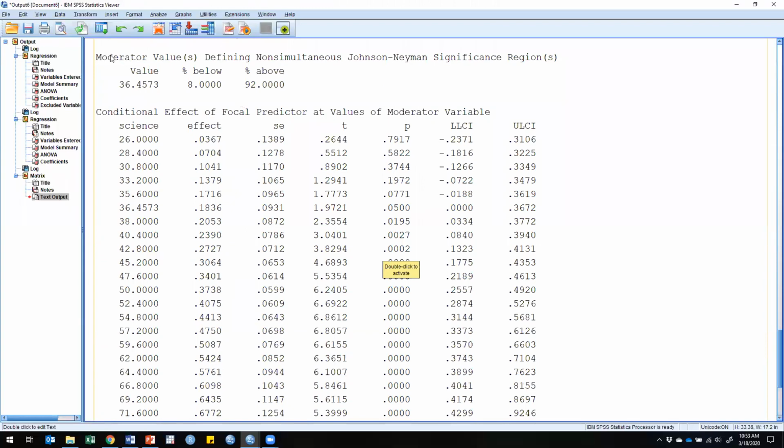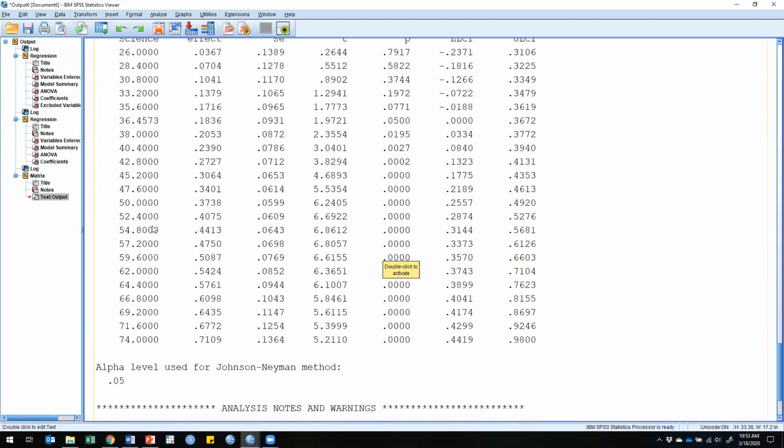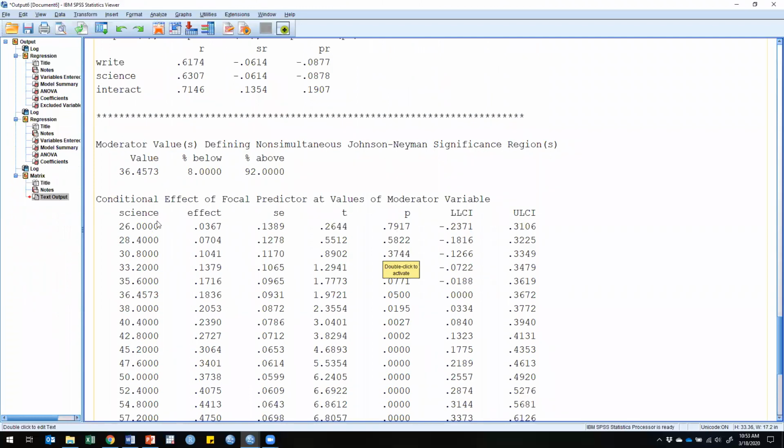And this right here, this part is the Johnson-Neyman technique. What it's doing here is searching for different values of science. So it's basically centering the science value at 26 through running the regression model, and then getting the simple slope for writing here, and running a t-test and seeing whether it's statistically significant.